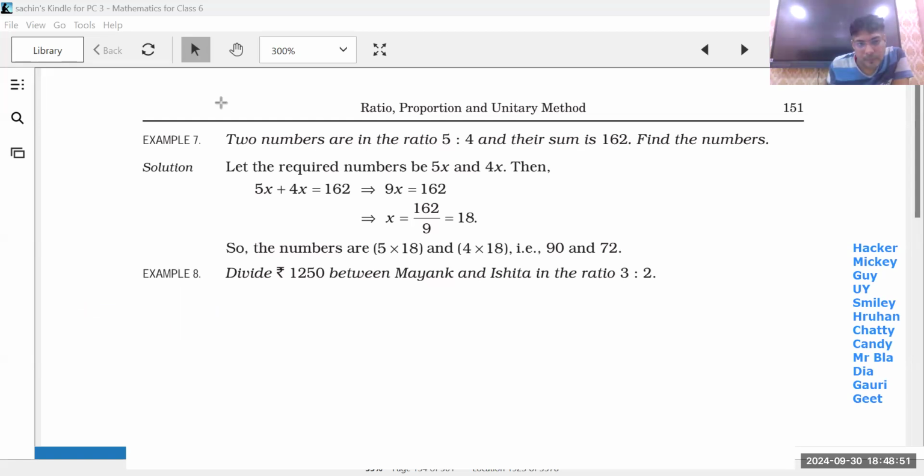So which book is this? This is a maths book. Ruhan, don't turn off your camera. This is a maths book. In which maths book?